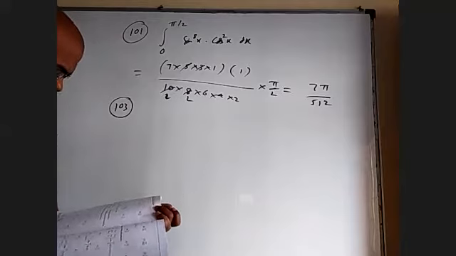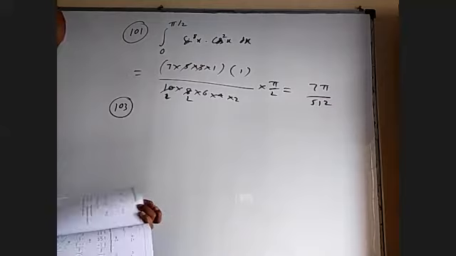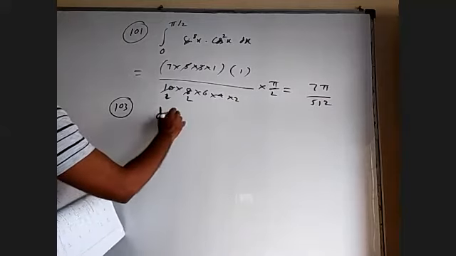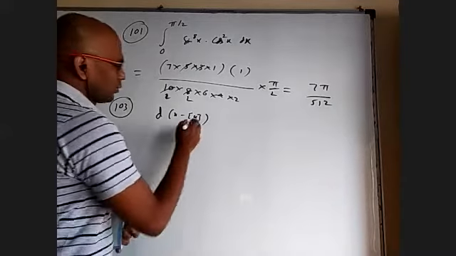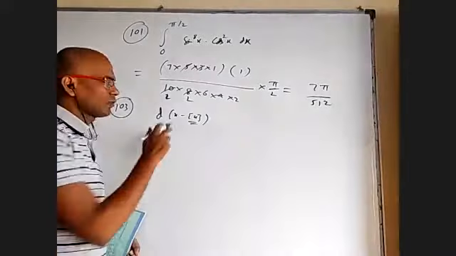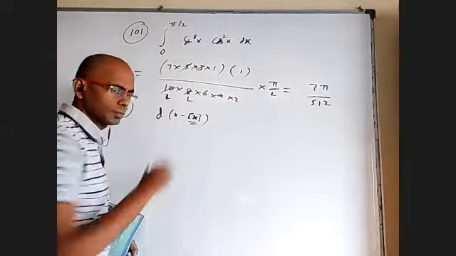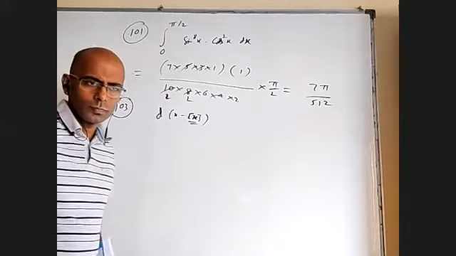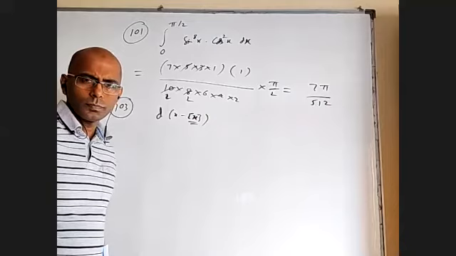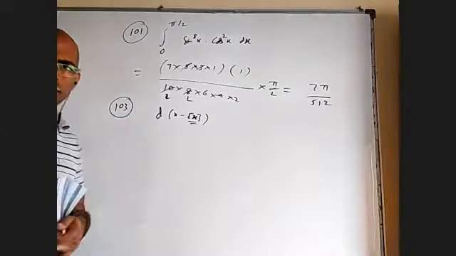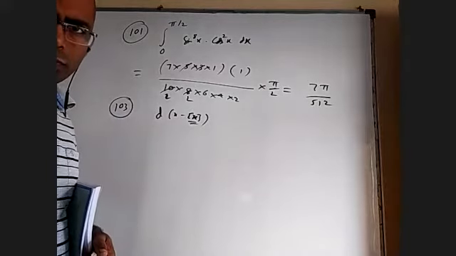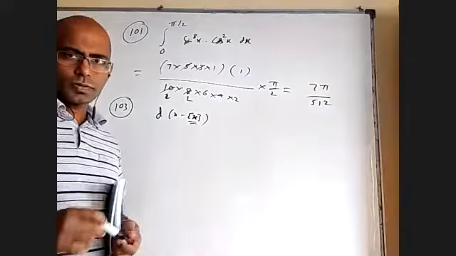Okay, 103. In 103, we have d of x minus integer part of x. But nothing to worry about the integer part of x. Anybody want to tell what is the derivative of integer part of x? Derivative of integer part of x.